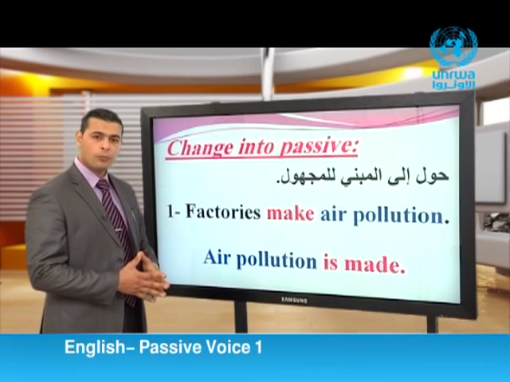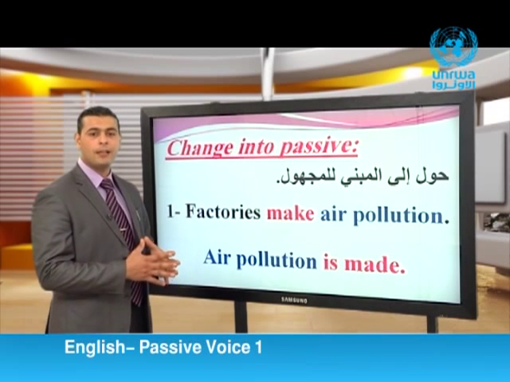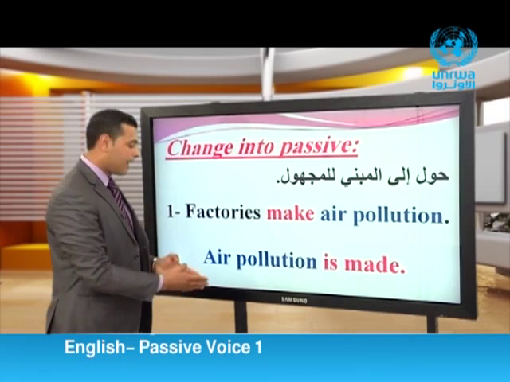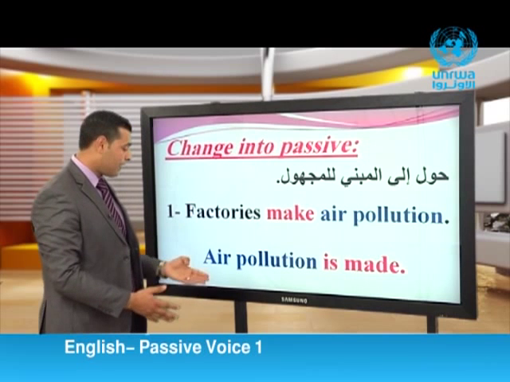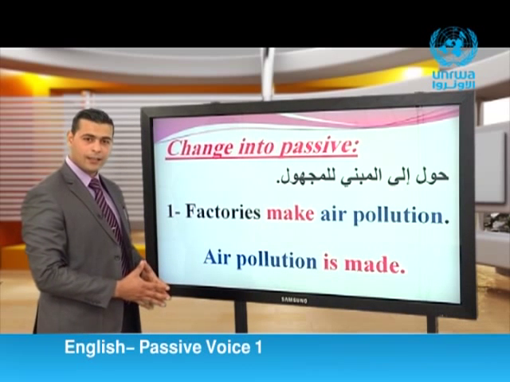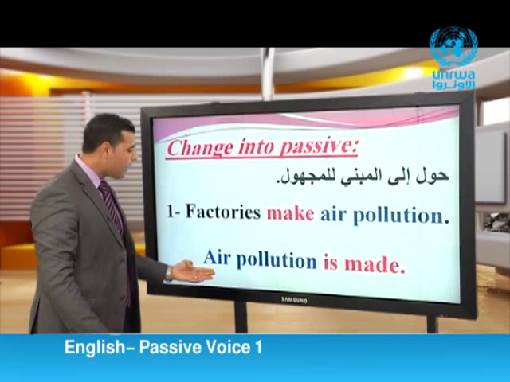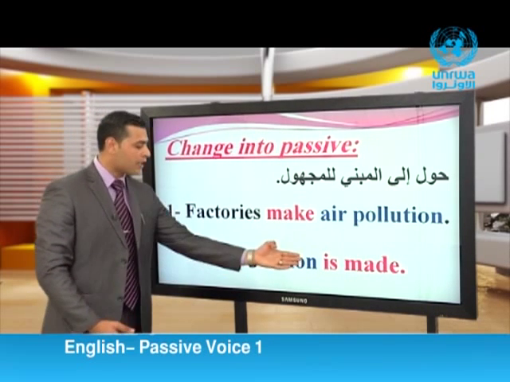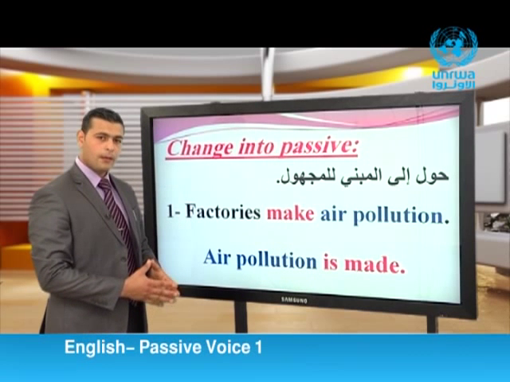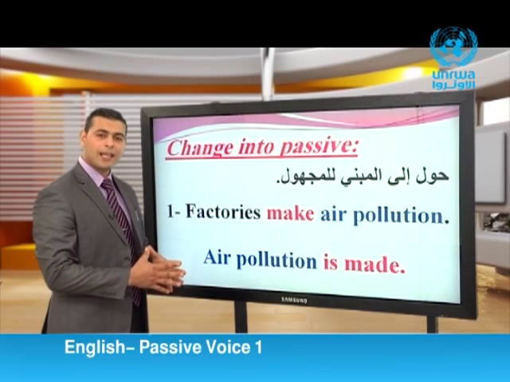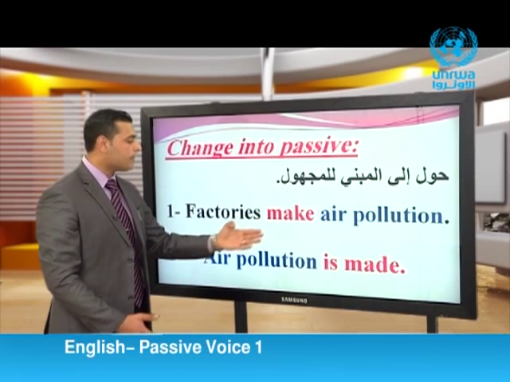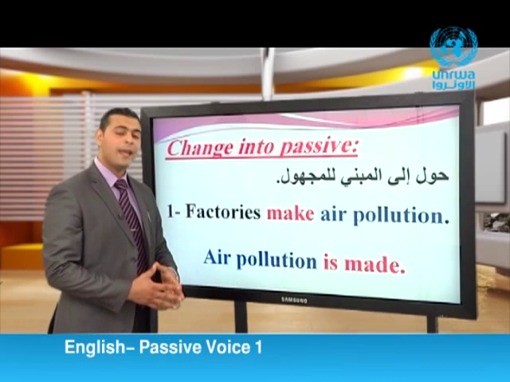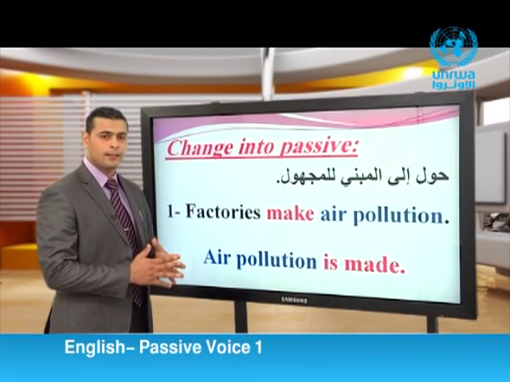كيف حولنا هذه الجملة من المبني للمعلوم إلى المبني للمجهول؟ الخطوة الأولى، المفعول به air pollution أصبح الفاعل الجديد لهذه الجملة، وبدأنا هذا الفاعل بالكابيتال لتر لأنه في بداية الجملة. air pollution هذا الفاعل مفرد، لذلك استخدمنا الفعل المساعد is. بعد الفعل المساعد يجب أن نستخدم مباشرة الفعل الأساسي للجملة في التصريف الثالث، لذلك استخدمنا الفعل made. make, made, made.